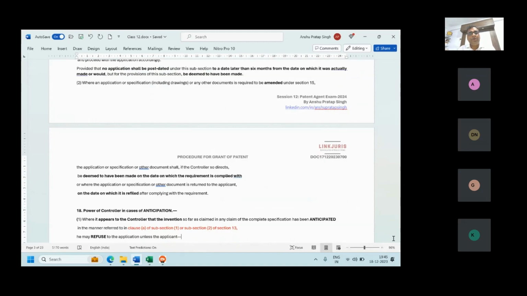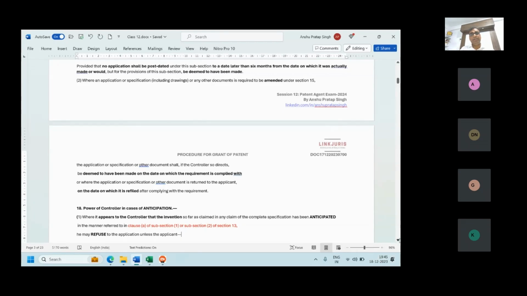Suppose while doing something you have introduced something new, right? Then he can say, okay, now this should be started afresh because the same was not present earlier. If you are within the scope, I don't think this kind of deeming provision will be directed by the controller. Next comes 18.